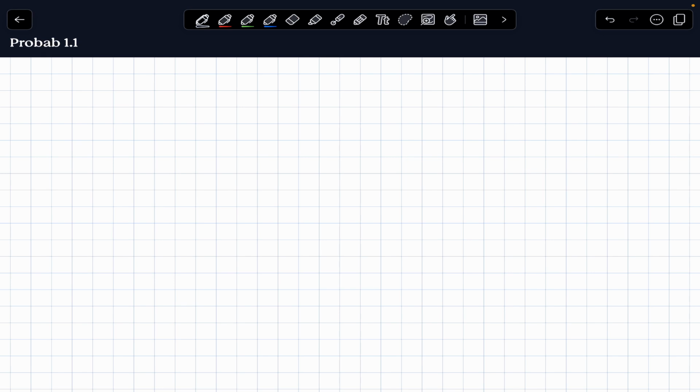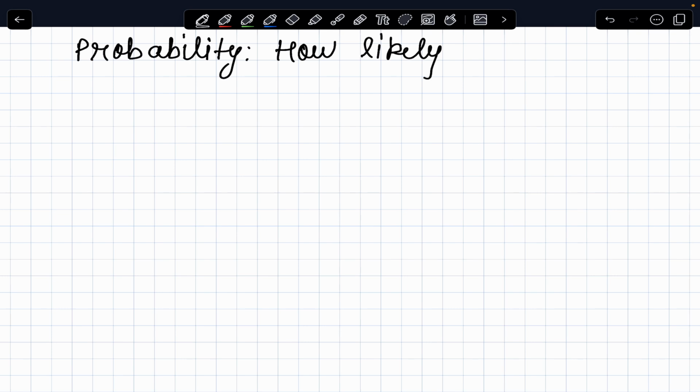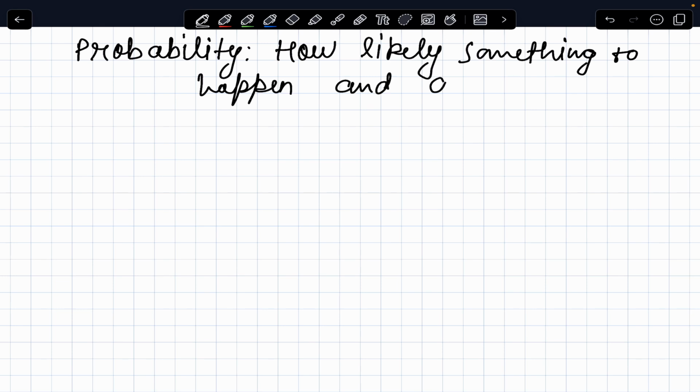I hope you know what probability actually is, but let me take a quick revision for you. Probability is nothing but how likely something is to happen, and assigning a number to it.